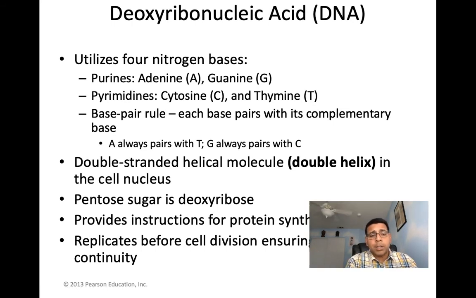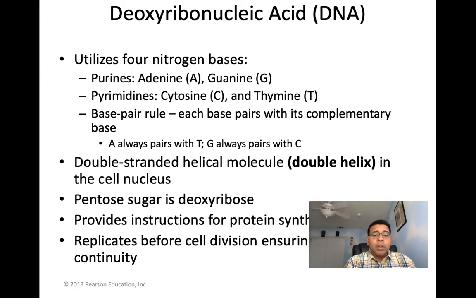The pentose sugar of RNA is going to be ribose. So the pentose sugar of DNA is deoxyribose, and the pentose sugar of RNA is going to be ribose.